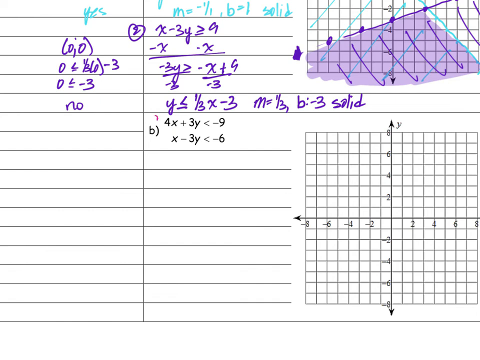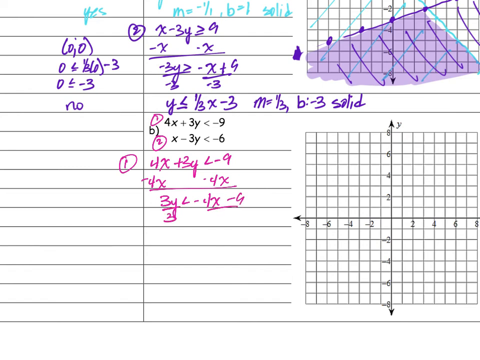So I've got equation 1 and equation 2. So equation 1 is 4x plus 3y is less than -9. Oh, okay, subtract 4x, so I get 3y is less than -4x minus 9.